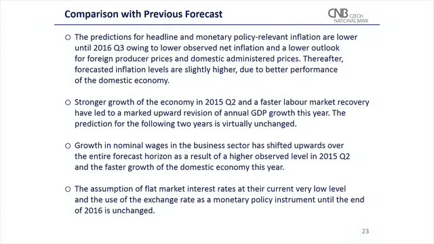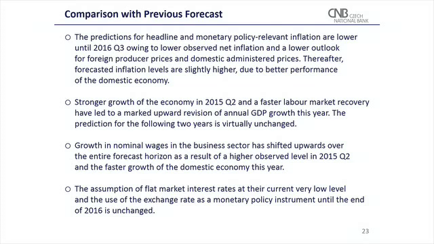We increased the nominal wage growth forecast, reflecting the upward surprise compared to our previous forecast in the second quarter of this year, as well as faster economic growth. And we haven't changed the monetary policy assumptions of the forecast at all.